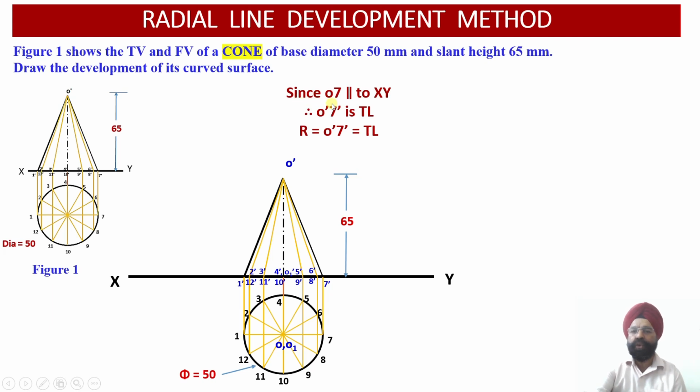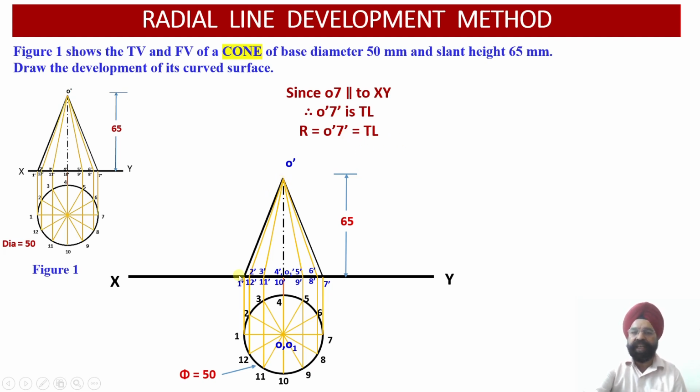So this is the note we have also added. Since O7 or O1 happen to be parallel to XY, therefore O dash 7 dash and O dash 1 dash will be the true length. So the radius of the arc which will be drawn will be equal to either O dash 1 dash or O dash 7 dash, which happens to be the true length of the slant generator.